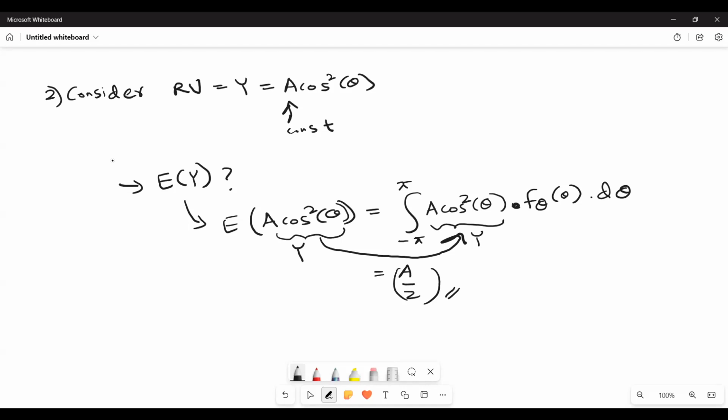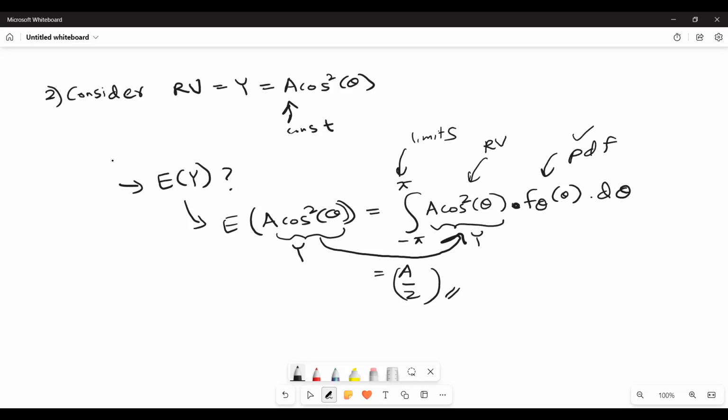When we are trying to find the expectation value, sometimes you need to do the integration. And for doing the integration, you need to know the PDF function, and you need to know the random variable that you are considering. You also need to know the random variable's limits, the range of the random variable.